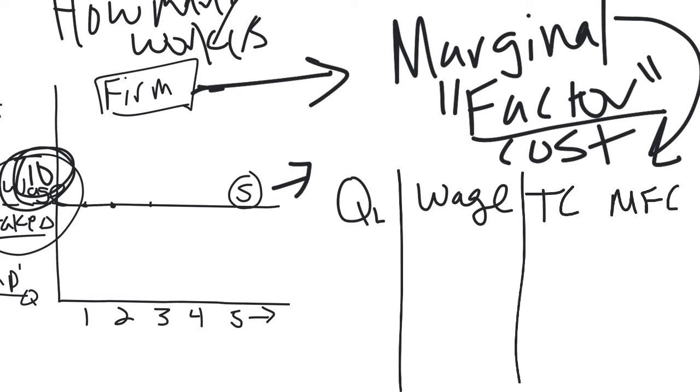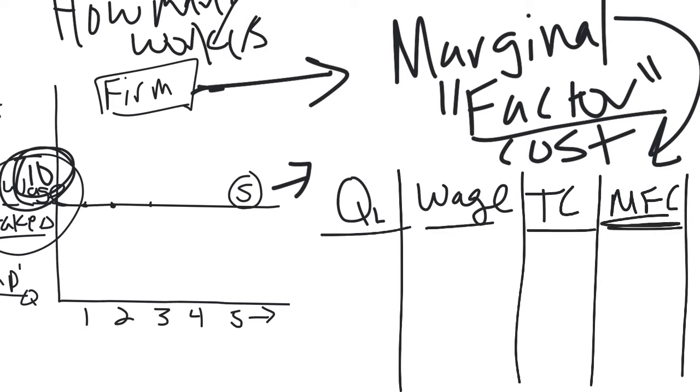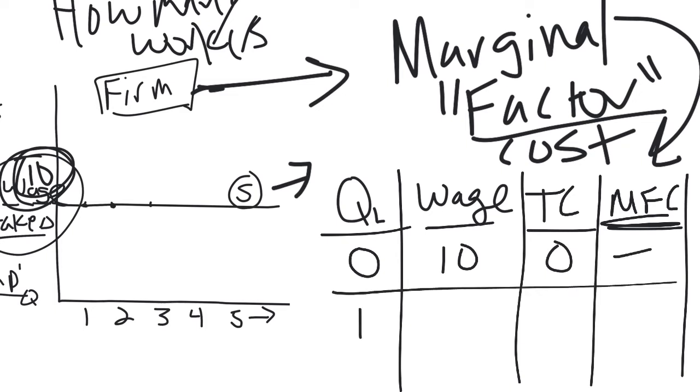Okay, so let's use a couple of really simple examples to show what marginal factor cost is. If they hire 0 workers and they pay them a wage of $10, their total cost is 0 and there's no marginal factor cost. So let's say they hire the first worker. Remember, how much did they hire the first worker for? $10.